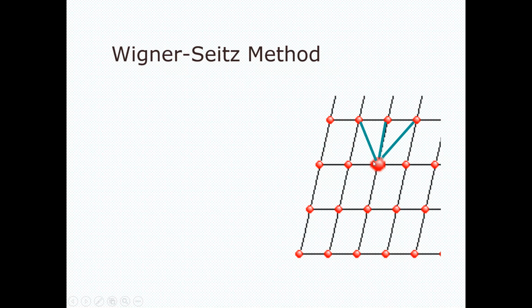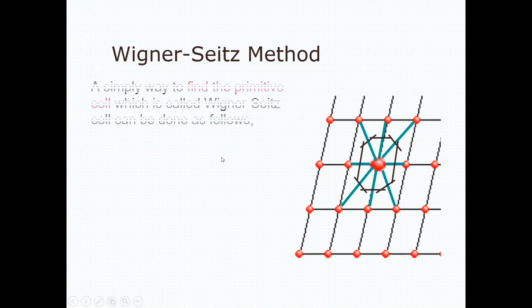You can observe for yourself, these are all the neighbors that we pointed out by these lines. When it's done, we draw a perpendicular at the middle of each line joining these nearest neighbors, and at the end it makes a particular type of unit cell that we call the Wigner-Seitz cell.